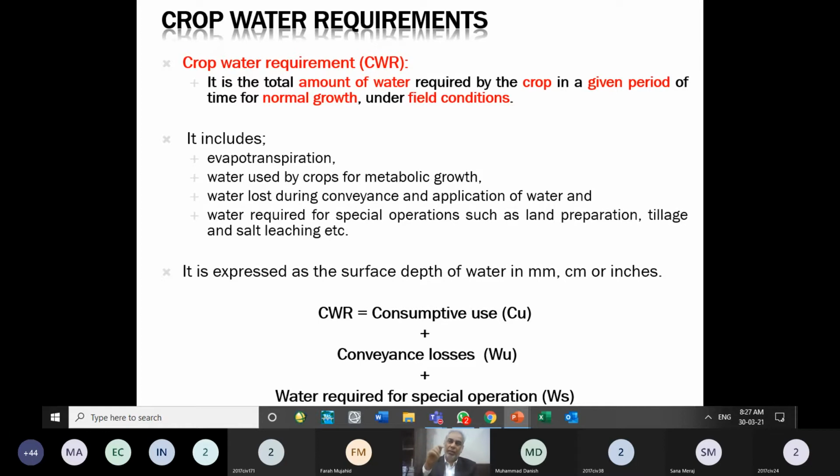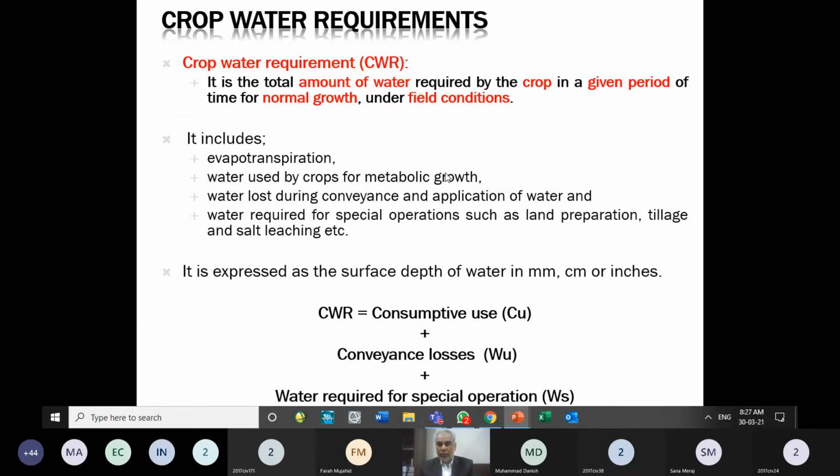That evaporation is called transpiration. While it is moving through the plant, a minimum quantity, less than 1% or close to that percentage, is utilized by the crop for biological actions, for metabolism. The rest is evaporated or transpired into the air. So that is how we are differentiating over here.